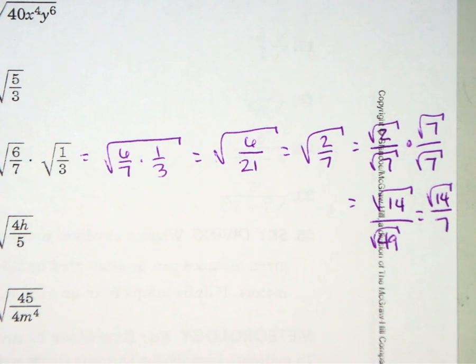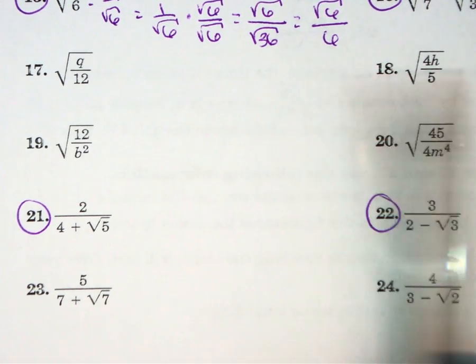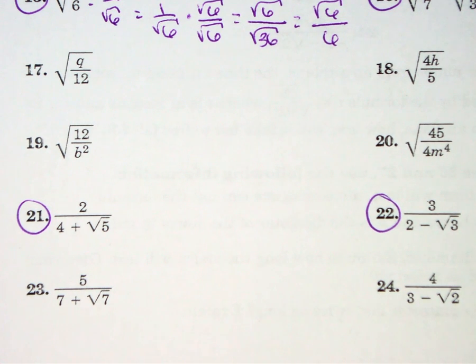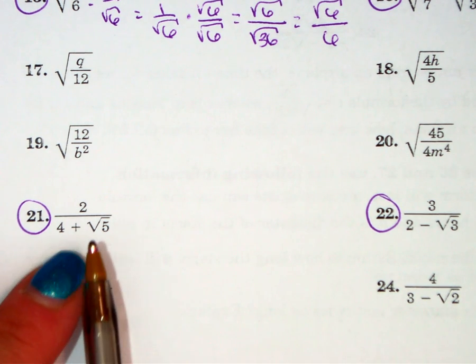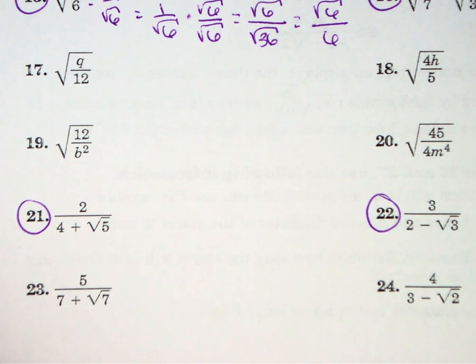One last thing we need to talk about, and then we'll be done. Take a look at number 21. I said with 15 and 16, you can't leave a root in the bottom. The problem is, how on earth do you get rid of it when it's written like this? What you have to do is multiply by what we call the conjugate.